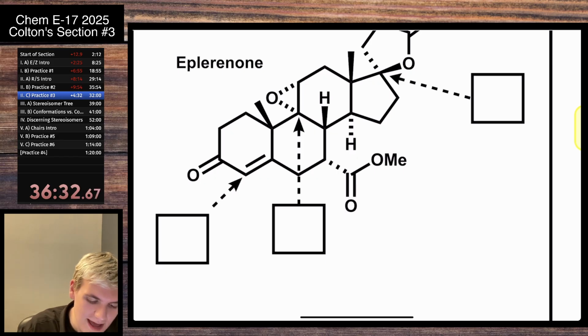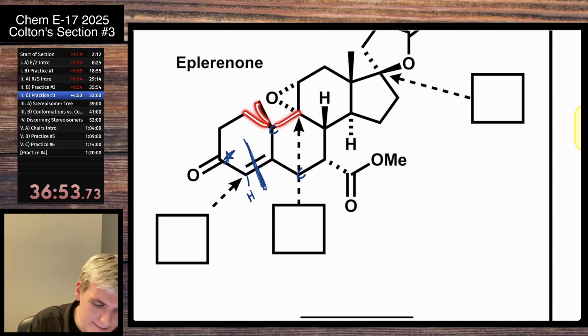So we divide perpendicular to the double bond. Now on the left side, we have a carbon versus a hydrogen. There's a clear winner here, our carbon. And then on the right side, we have a carbon versus a carbon. So we list out substituents. The top one is connected to a carbon and a carbon, CCC.